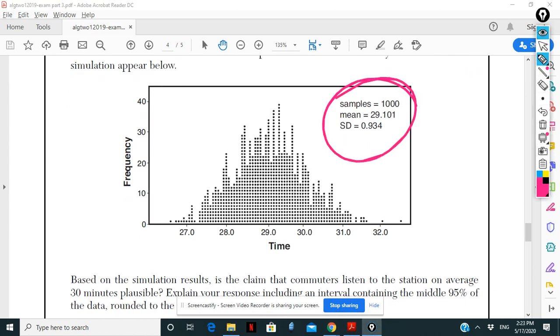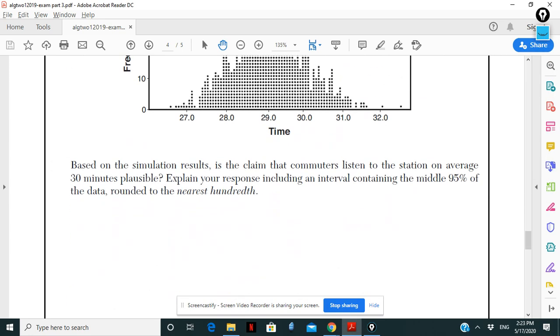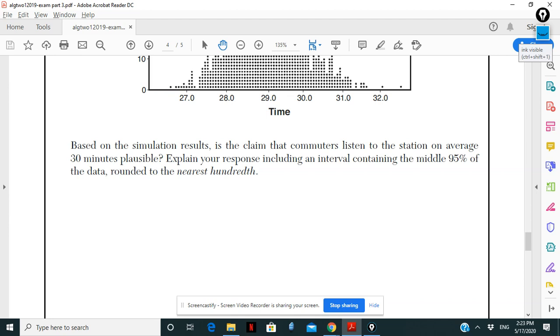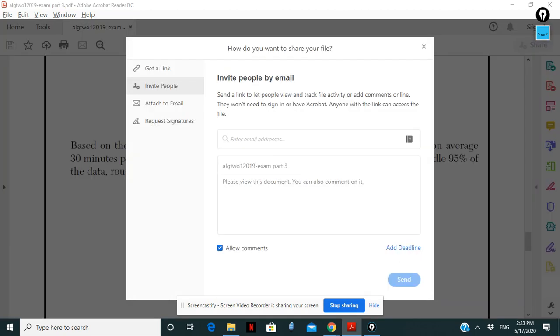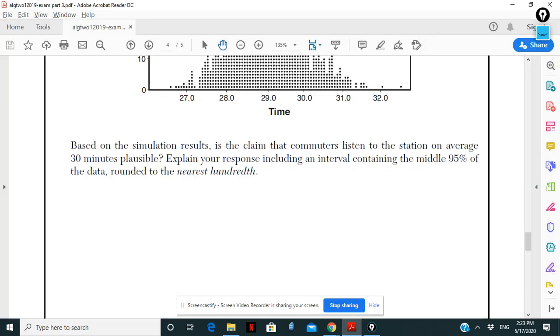So that's the simulation. The mean is 29.11 and the standard deviation is 0.934. Okay. Based on the simulation result, is the claim that the commuters listen to the station an average of 30 minutes plausible? Explain your response, including the interval that contains the middle 95%.